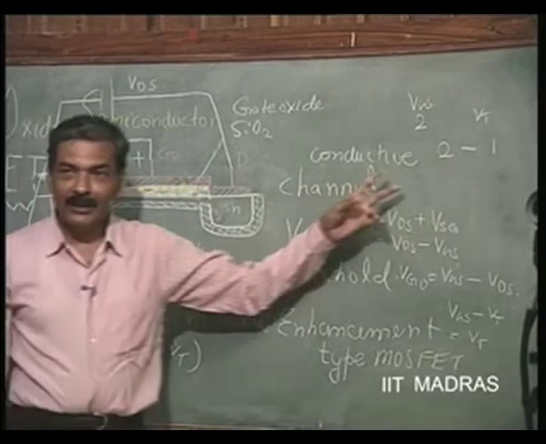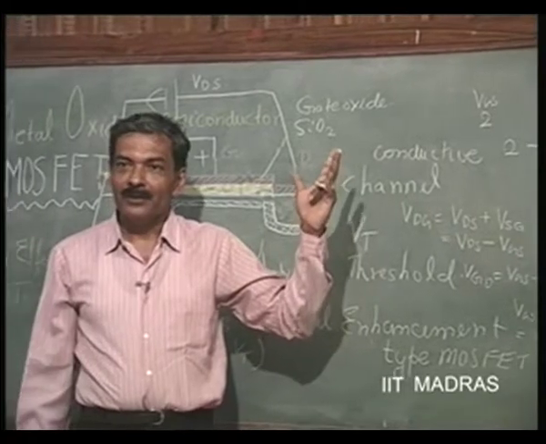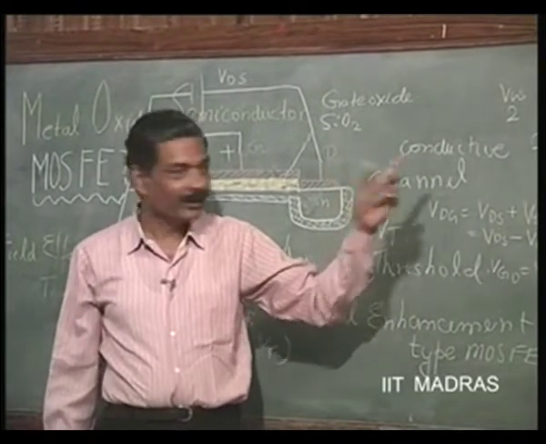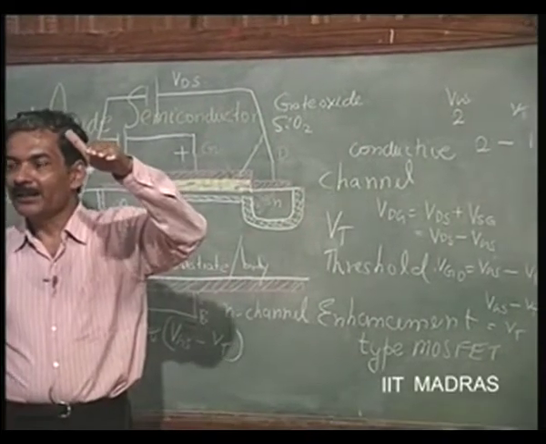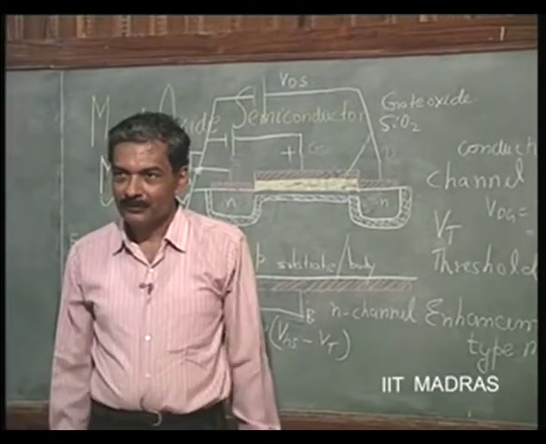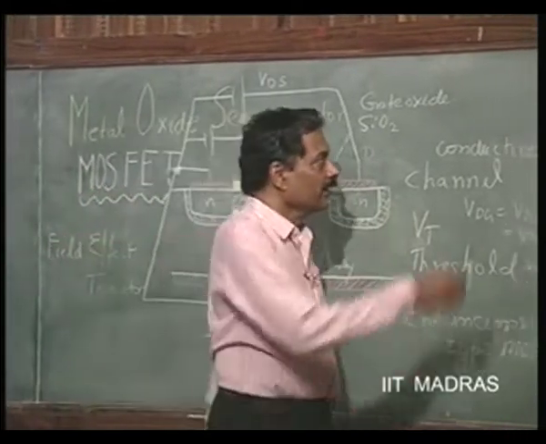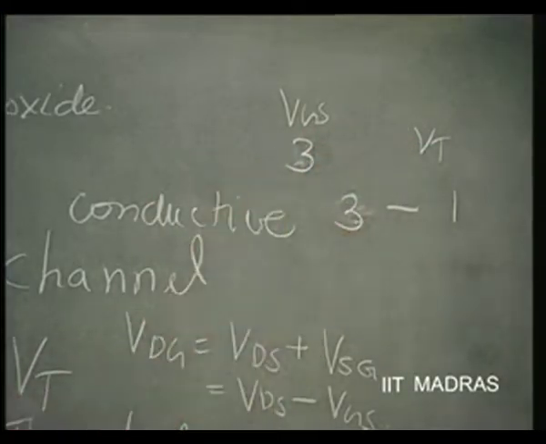When I apply in the opposite direction a voltage of 1 volt, because 2 minus 1 is the excess volt. The channel will get closed when I apply in the opposite direction a voltage of 1 volt. Let us again take this. VGS was 3 volts, VT was 1 volt. The channel width corresponds to 3 minus 1 volt. When will the channel get closed? At the drain end, when VDS becomes equal to 2 volts.